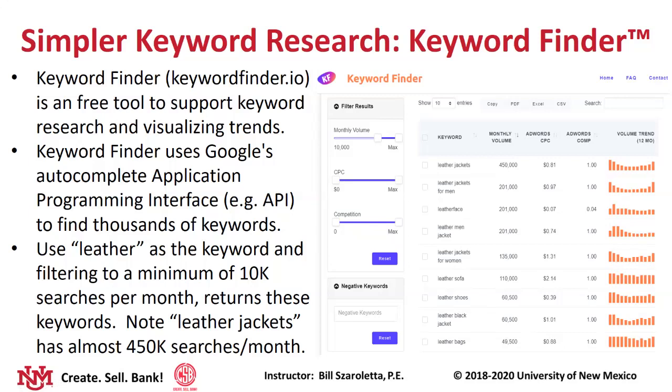So anyways, you can use this tool. You can go get it and find trends. What is really important here is that these are, in some cases, sub niches on leather and they've got substantial search volume, and you can do things with that.